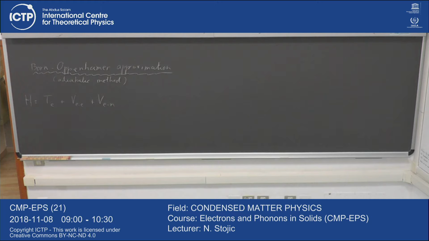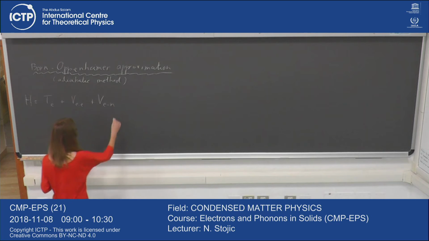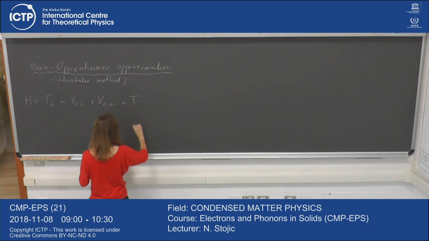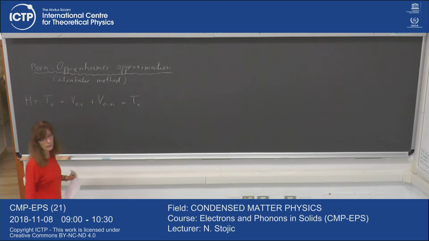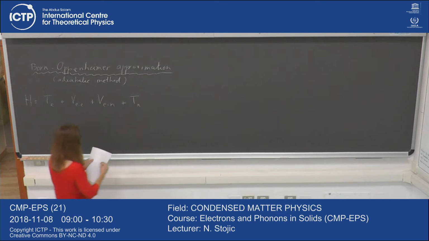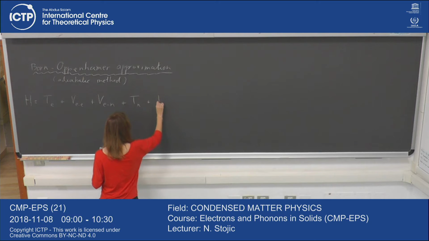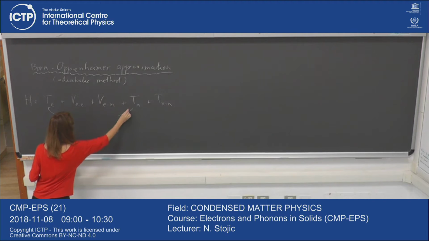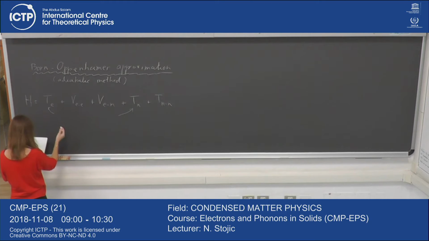These are the first three terms. And then one also has a kinetic part for the nuclei and a nuclei interaction. So this is in general the full Hamiltonian, with T corresponding to the kinetic part.